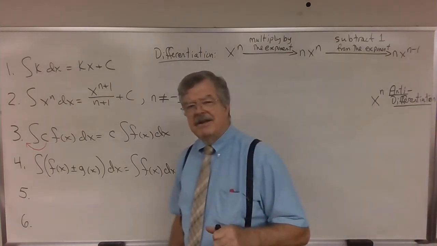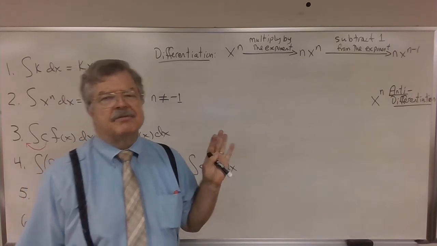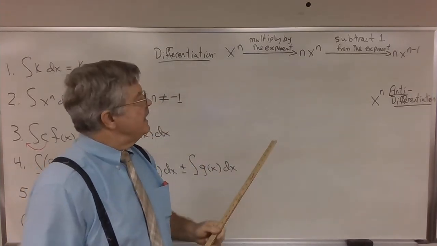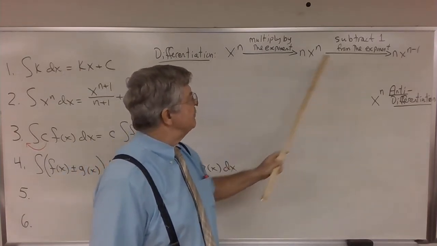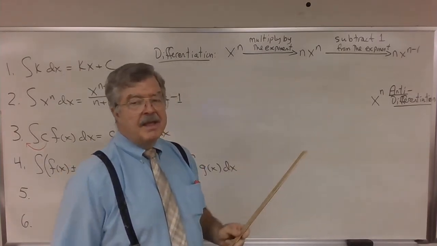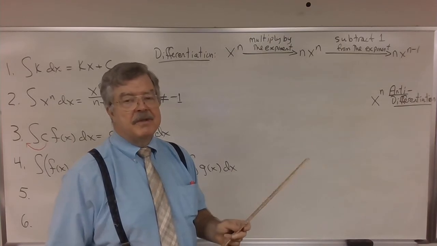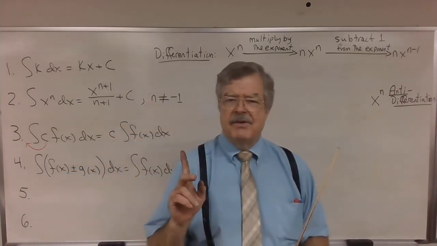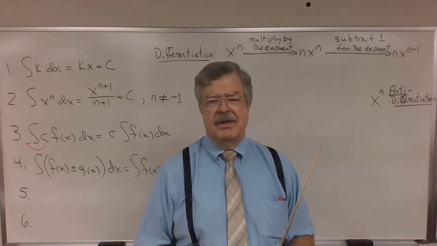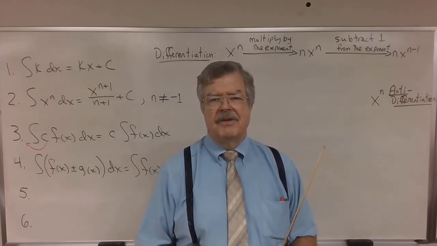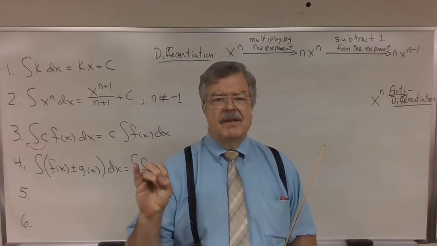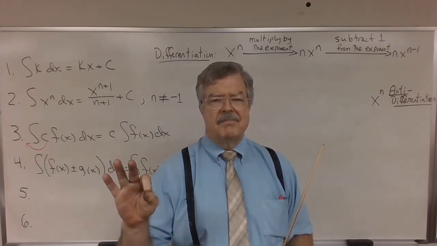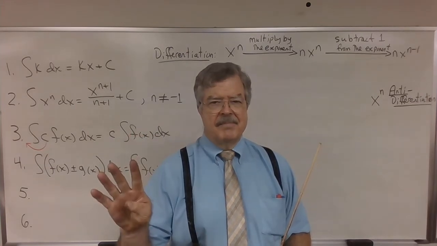Now, since antidifferentiation is the reverse process of differentiation, we have to undo each of these steps, and we have to undo them in reverse order. Think about it. If I give you directions on how to get someplace, and I say, take your first left, take your first left after that, take your first left after that, and then take your first right.